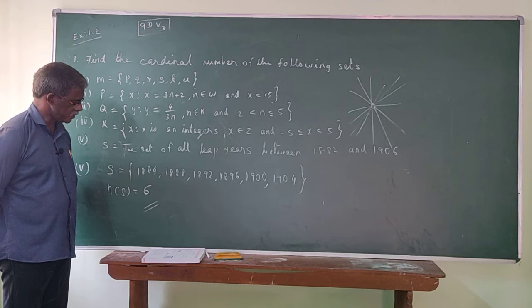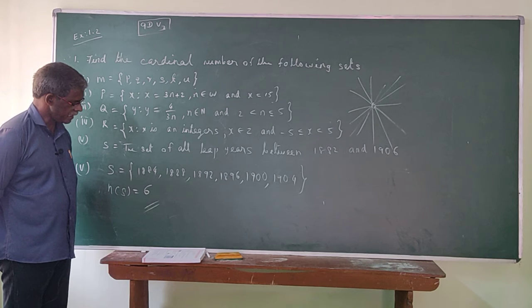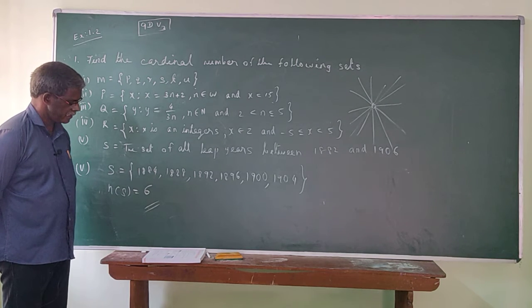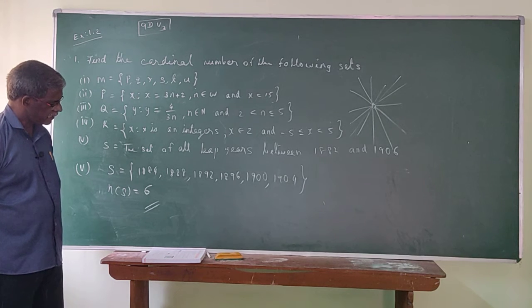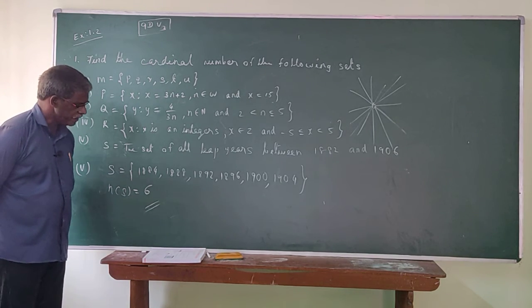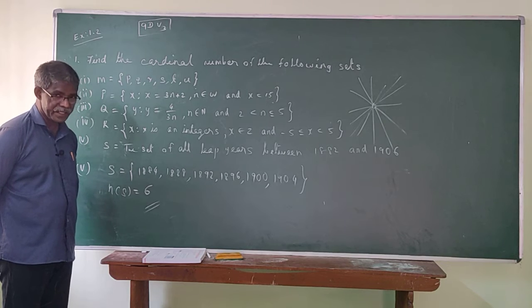Then the third question, A: x element of Z, then x less than 5. So Z means integers less than 5. It is also an infinite set.